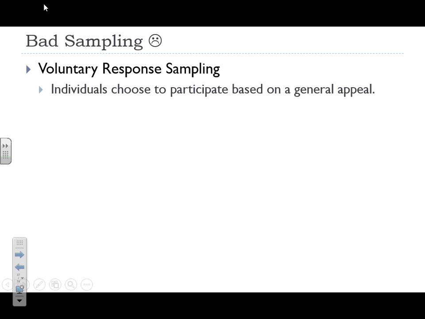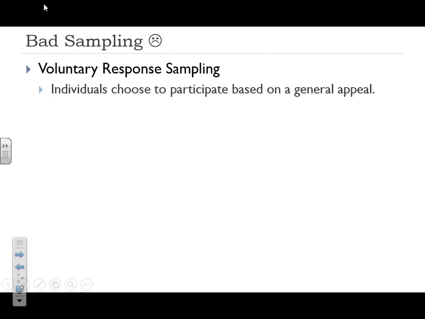What you're doing is you're posing a question saying, if you want to answer, come do it. So then anyone who feels like they want to respond to whatever question you happen to ask, they're going to come in, respond to your question. But you're not physically choosing the sample. You're just letting people randomly decide whether they want to come up and talk or not.